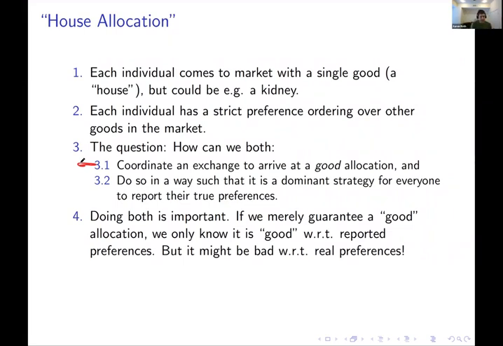Mechanism design is different because if all we do is design an algorithm that, given its inputs, somehow computes some good allocation, some high quality allocation as measured with respect to the inputs, then we actually have no idea whether the allocation that was computed was high quality with respect to the actual underlying problem instance. Because the underlying problem instance is not necessarily what is given to the algorithm.